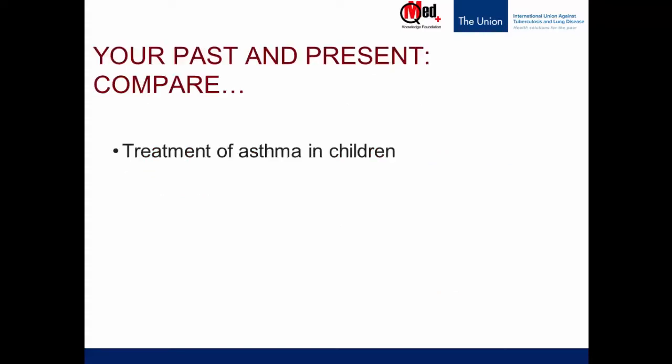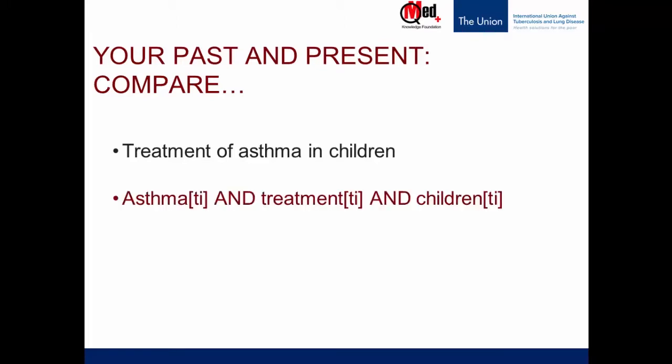So finally, let's compare where we came from the past to the present. Till today, if we did our searches by just typing in keywords, treatment of asthma in children, we learned in this lesson that for a quick search, we could just use TI as the tag so that in all the results, we have the three terms in the title and they'll look very, very relevant.